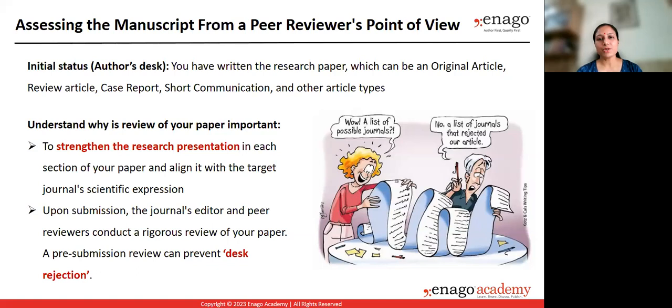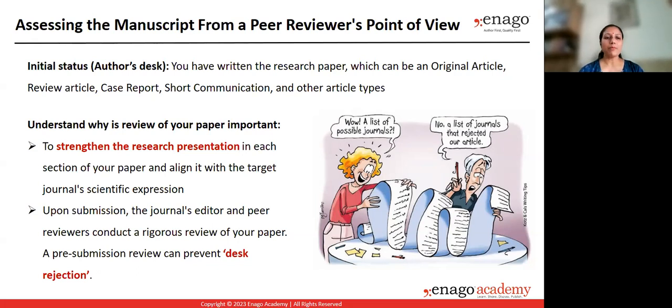Now, at this stage, we would advise the authors to share their paper with their fellow colleagues or researchers in the team who can help share their views about the research accuracy, the clarity in presentation of content, maybe even the English language accuracy, based on which these honest views can be taken ahead by you in order to enhance the research content or the presentation in the paper before you submit to the journal.